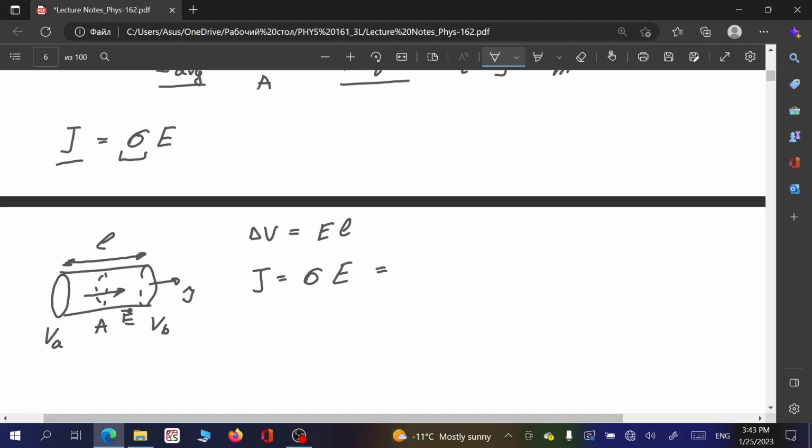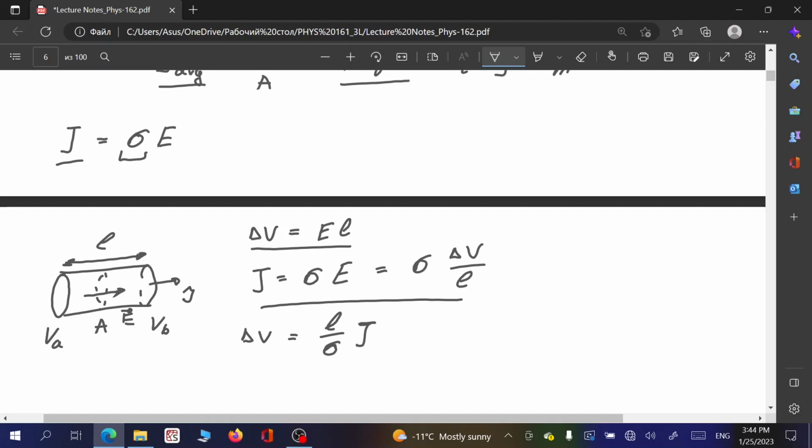And that will be sigma times delta V over L, according to the previous equation. So now let us express delta V from this second equation. That will be L, the length of this segment, divided by sigma times J.